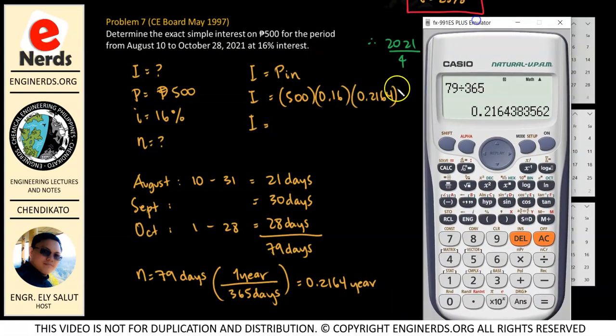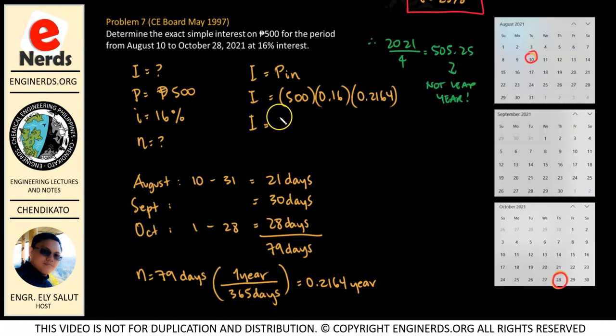We have 0.2164 times 0.16, then times 500, which gives us 17.315. Okay, so therefore this is the interest.